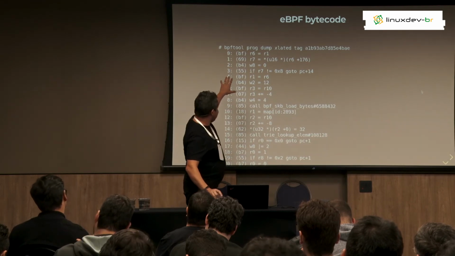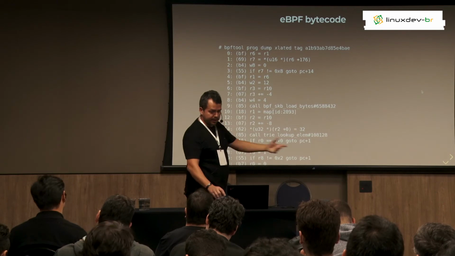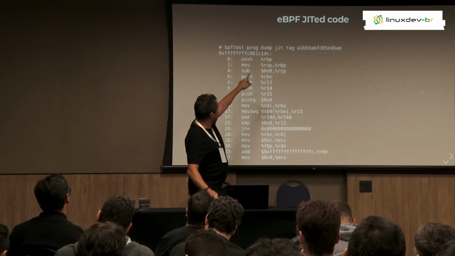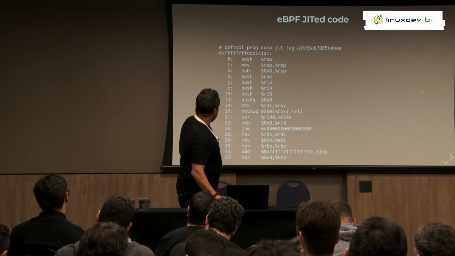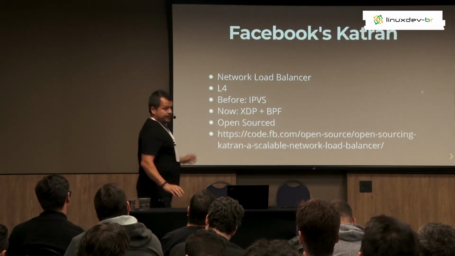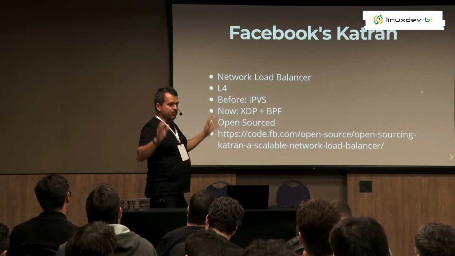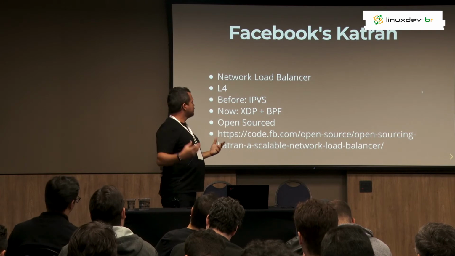It will validate this, look at each instruction and say, no, this is safe, I can go to the next step. The next step is to transform this into JITed code, which in this case is x86-64. And that's for you to see, more or less, what the program types are and how it gets loaded.